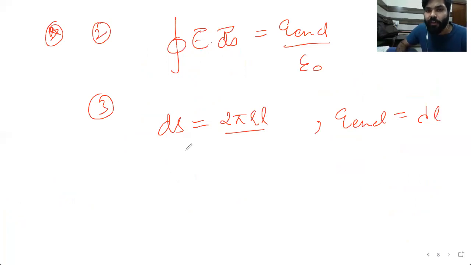Now you can put these values inside the expression. E can be carried outside the integration because it is constant over the surface, and you will be left with ds.